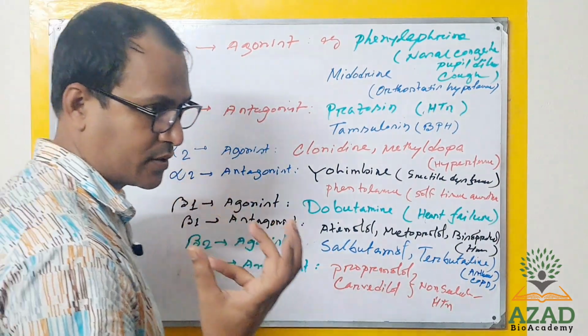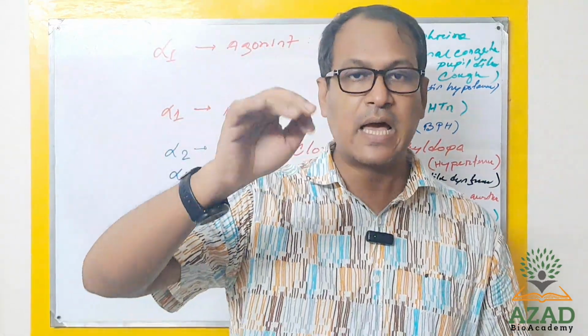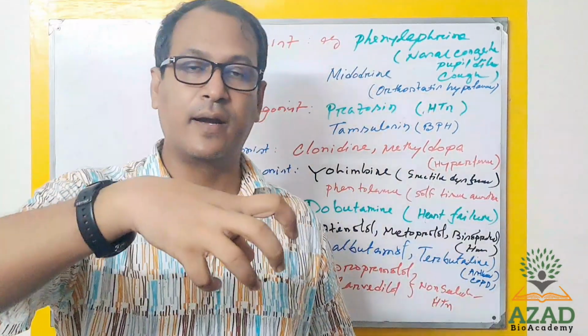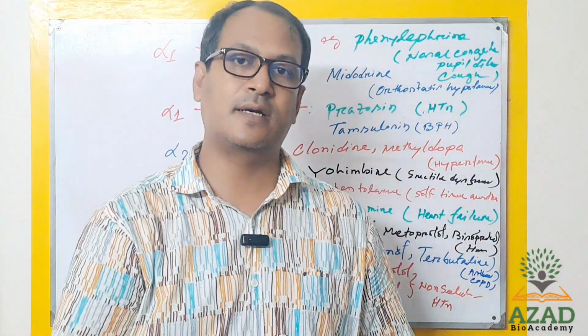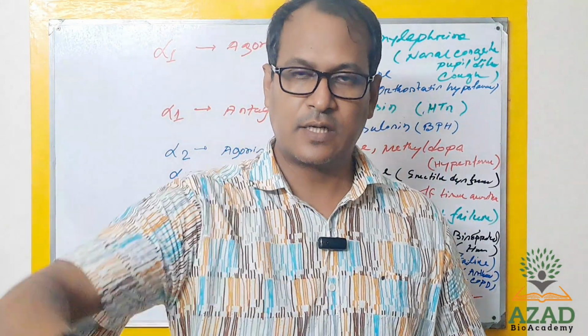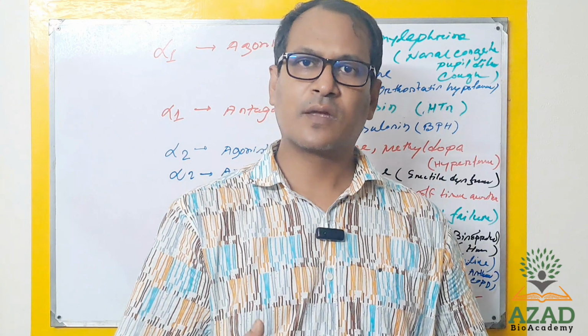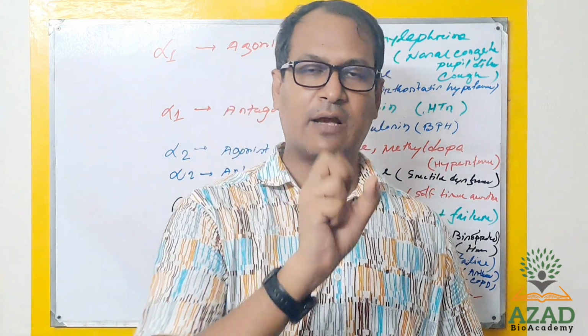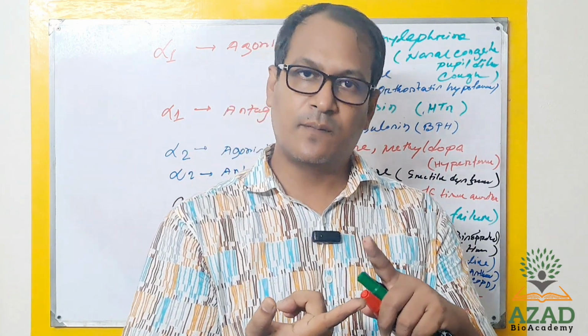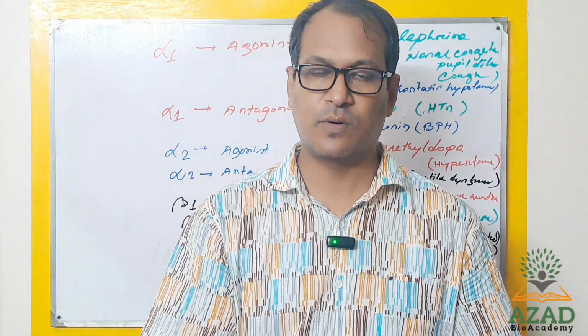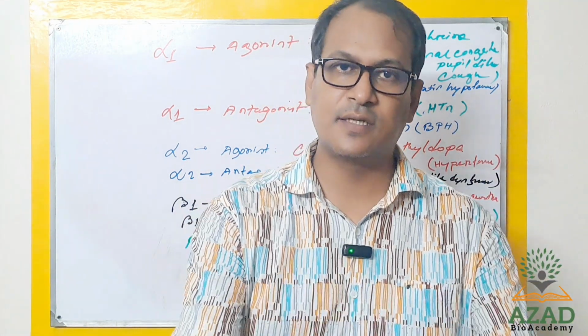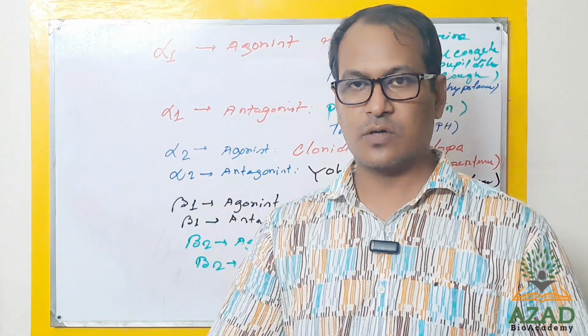As I already said, alpha 2 is very rich in your nerve endings, and it will regulate or control the release of adrenergic neurotransmitter. So if you use an agonist, that will inhibit the further release of adrenergic neurotransmitter, so the next neuron or effector organ will be inhibited.